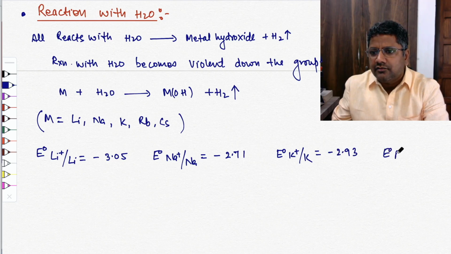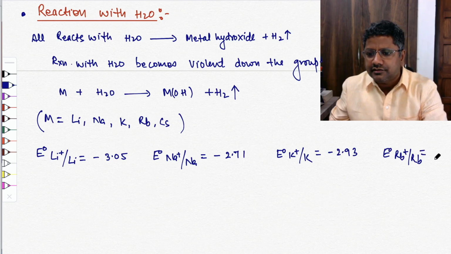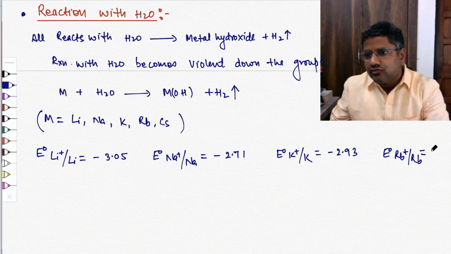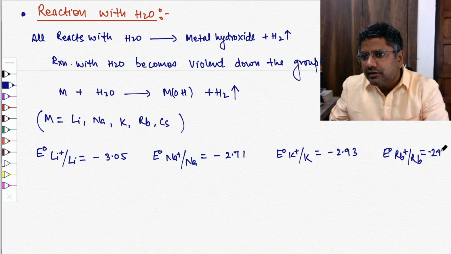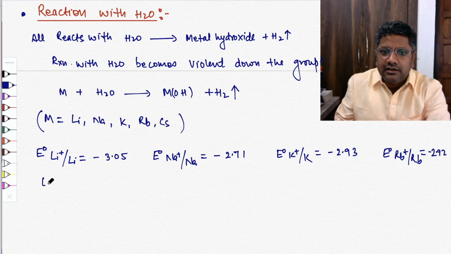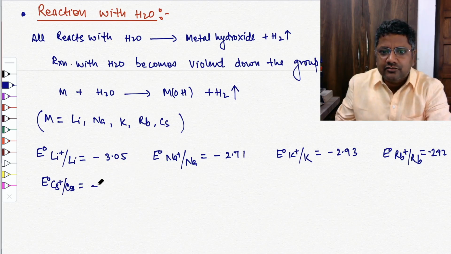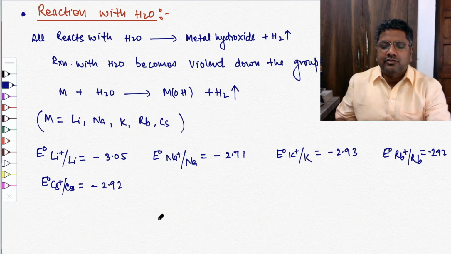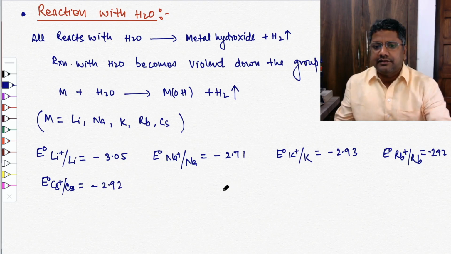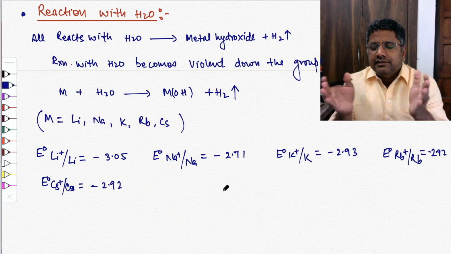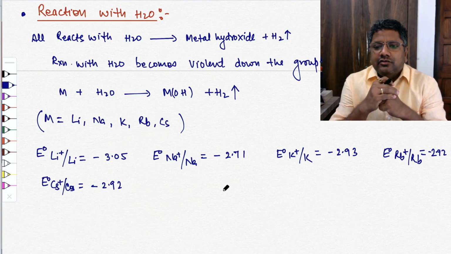E naught of Rb plus/Rb is minus 2.92, and E naught of cesium plus/cesium is minus 2.92, right? So these are the reduction potentials.